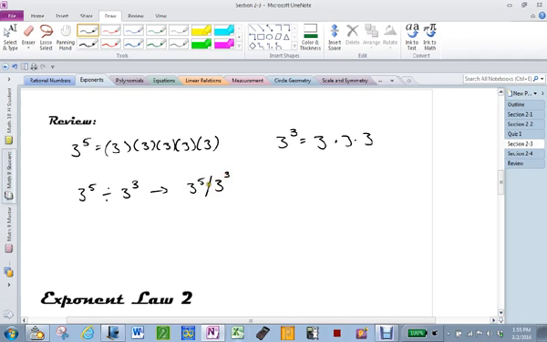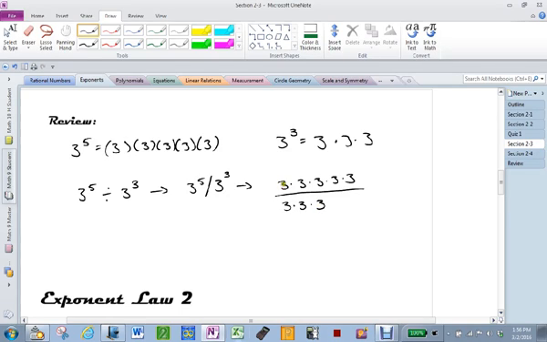Well, we kind of do a slash, but that's not how we write it. How do we write that? 3 to the 5th over 3 to the 3rd, written as a fraction. Yes? Okay, yeah. Now you guys are smart kids.